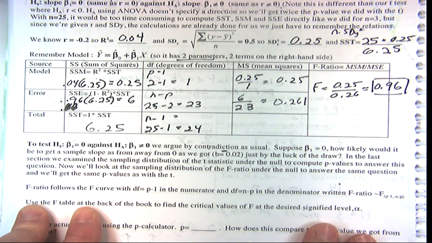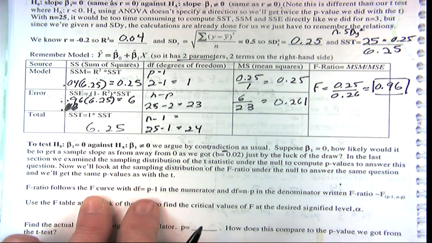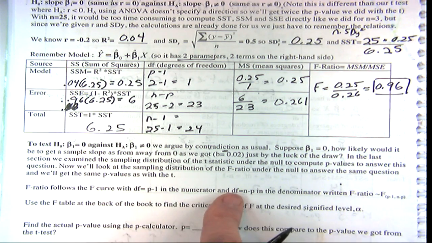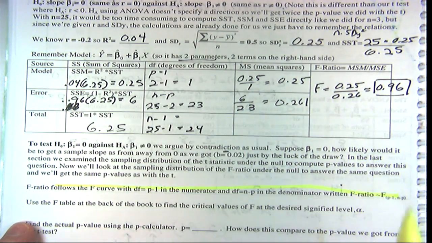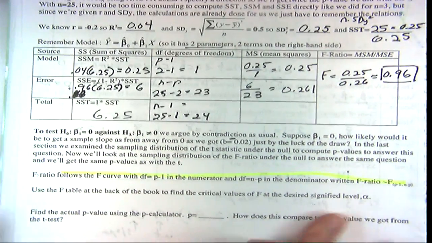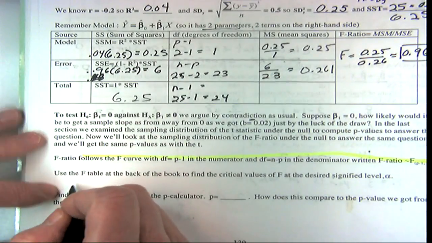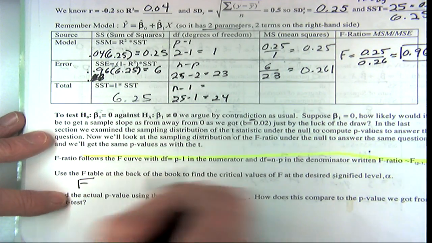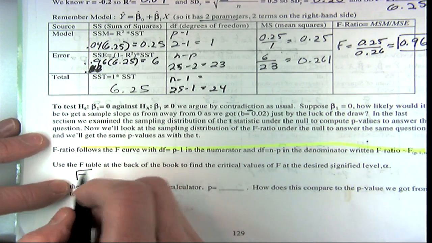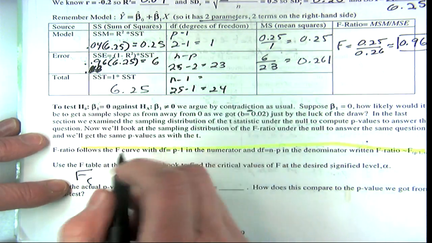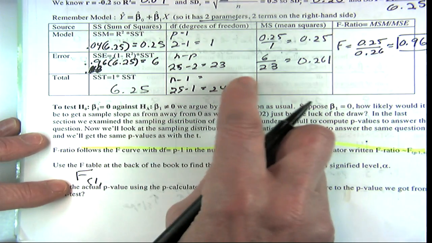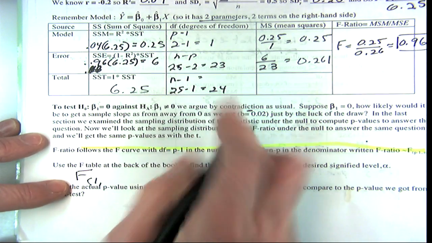So now, the F ratio follows an F curve with degrees of freedom in the numerator and the denominator. Okay? So we've got the F right here. We're going to look at an F table, and our F stat, we're going to look at a curve that has degrees of freedom in the numerator, p minus 1, which is 1, and degrees of freedom in the denominator of 23.